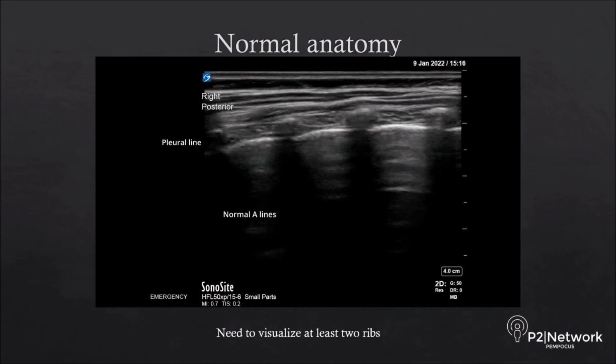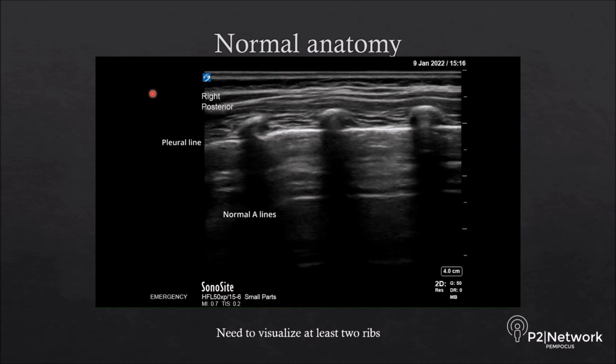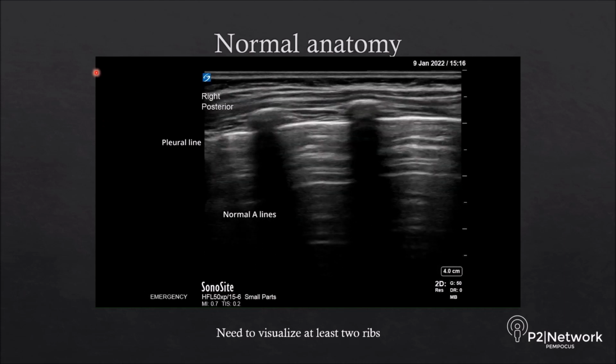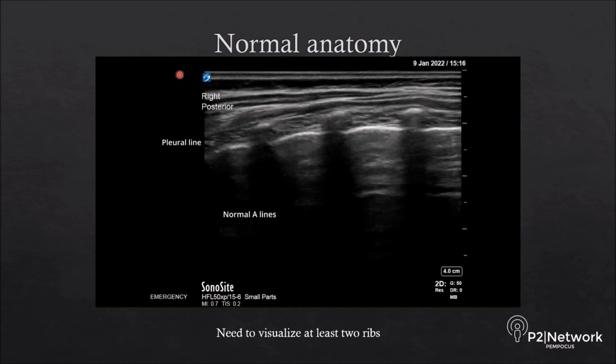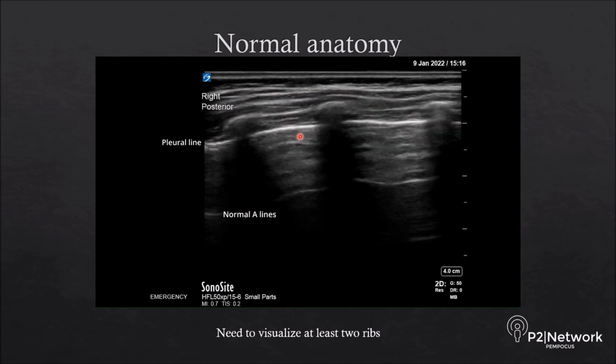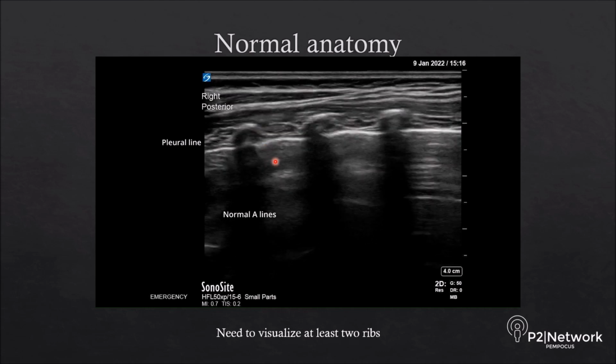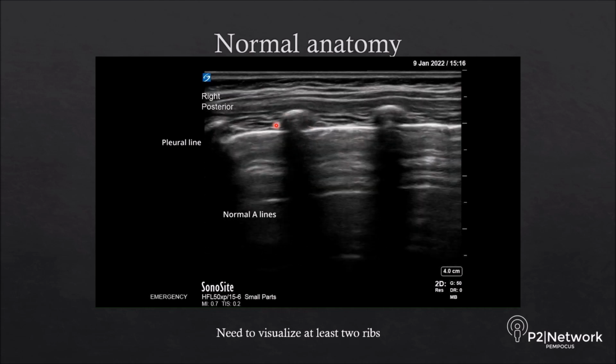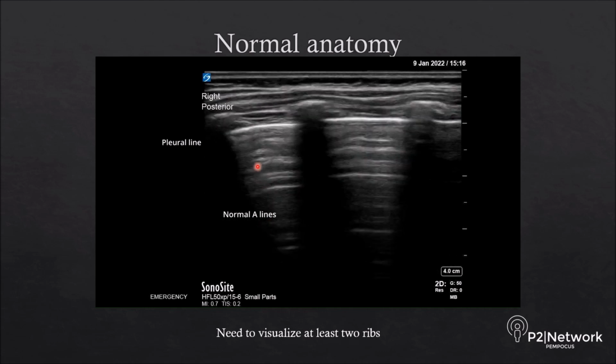So I'll be going through 2 clips of normal anatomy. This is with a linear probe, and at the very top you see subcutaneous soft tissue. There are round hypoechoic areas, which are the ribs, with some rib shadowing below that.